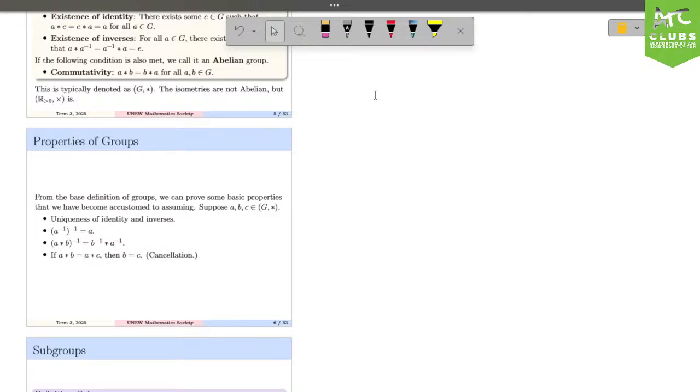Next, the inverse is unique, and if you invert the inverse, it's just equal to A. You can also find that (A times B) inverse is equal to B inverse times A inverse, because if you multiply each side by A times B, you find that this just equals the identity on both sides.